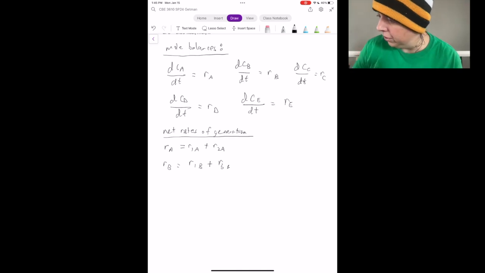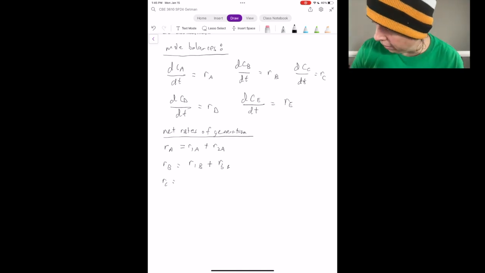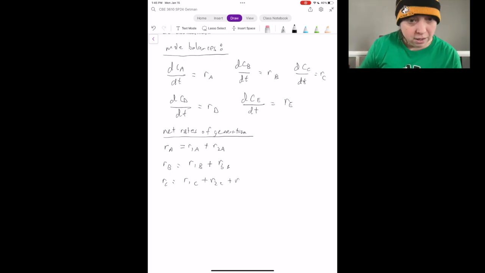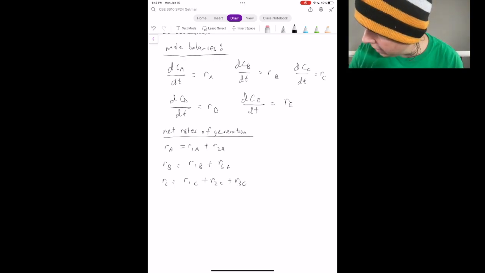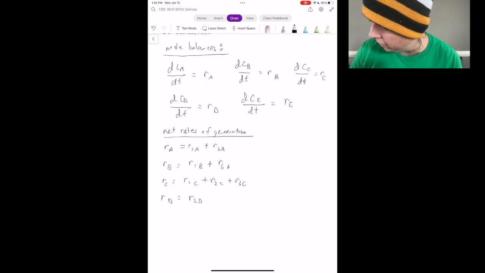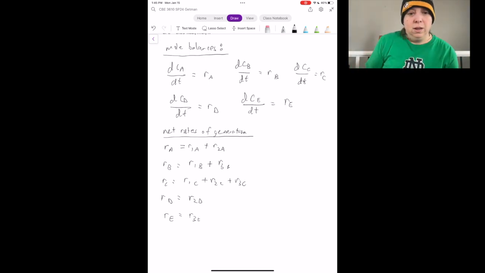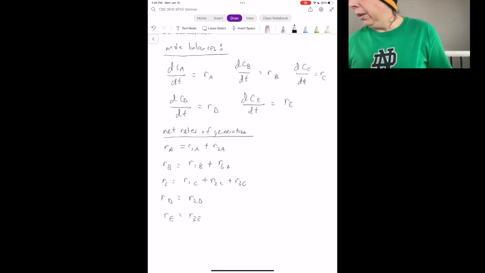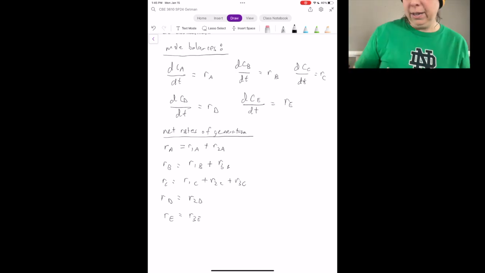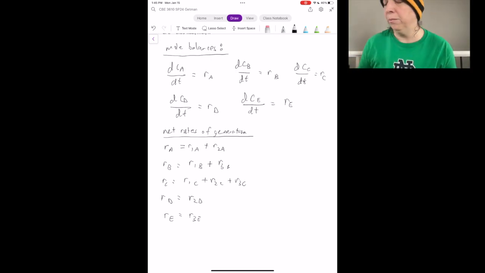Net rate of generation of C is going to be R1C plus R2C plus R3C. Net rate of generation of D is just going to be R2D, and then net rate of generation of E is just going to be R3E. Okay, so what I've written down here are my net rates in terms of my relative rates.